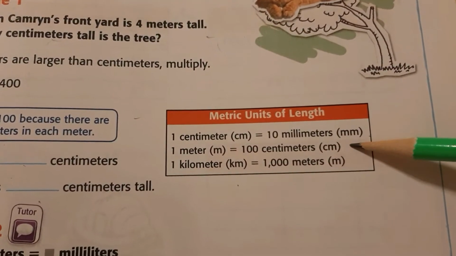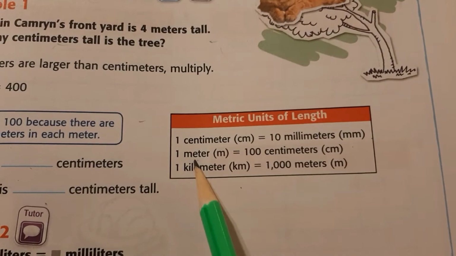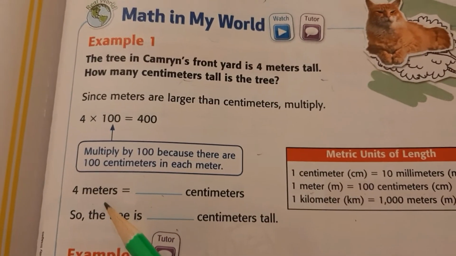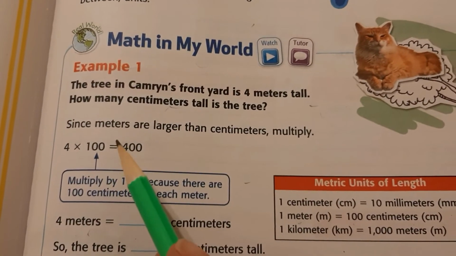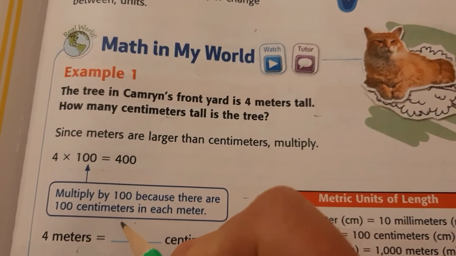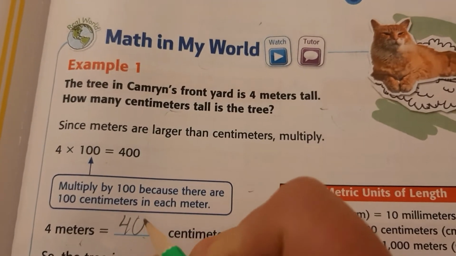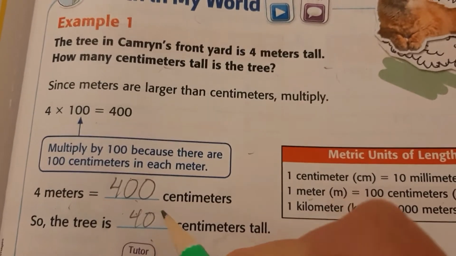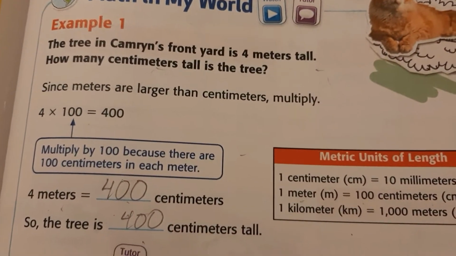So it says 1 meter here equals 100 centimeters. So 4 meters, you have to multiply it by 100. What's 4 times 100? 400. Easy peasy. So the tree is 400 centimeters tall.